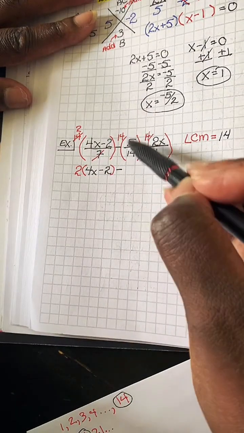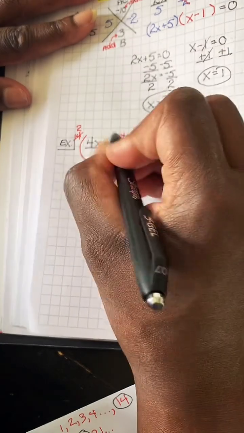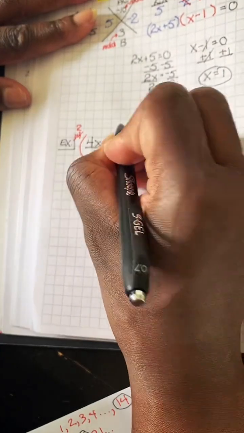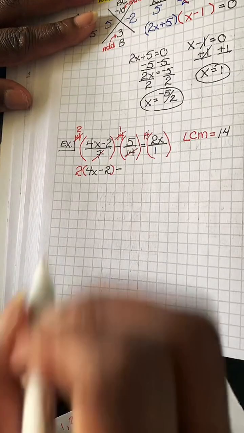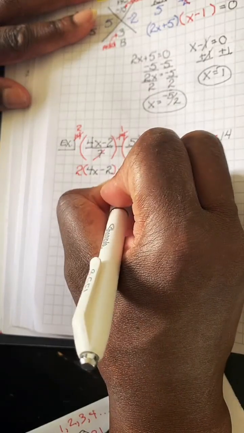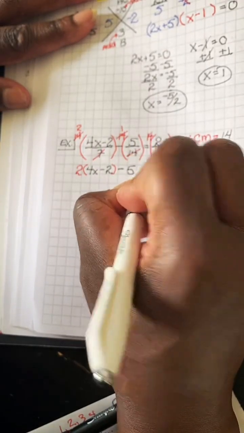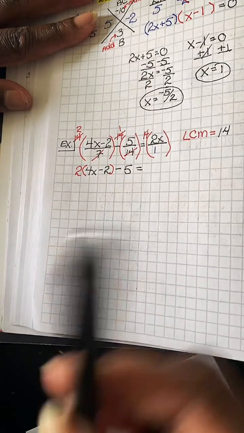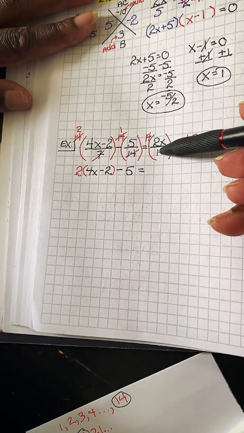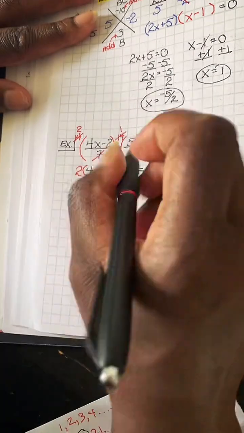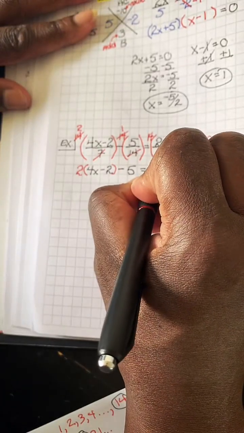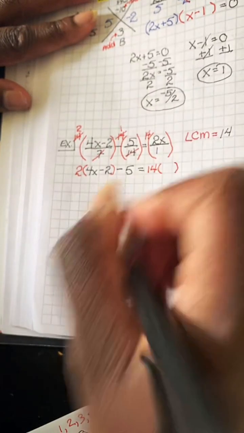Now, 14 divided by 14, that gives me 1. So what's left is going to be our 5. Bring down the equals. And then you have 14 divided by 1. That gives me 14. So what's left is 14 times that 2x.